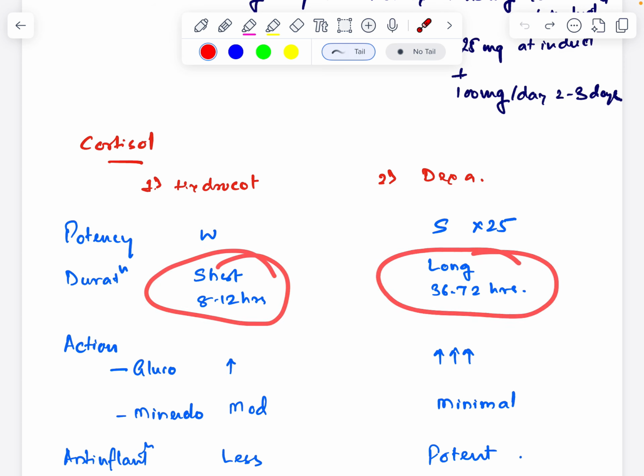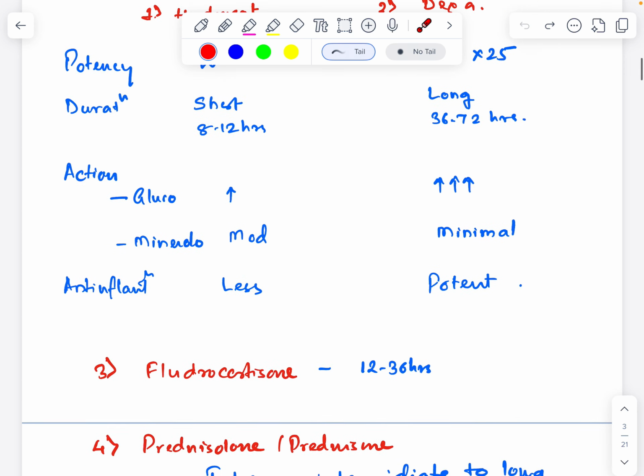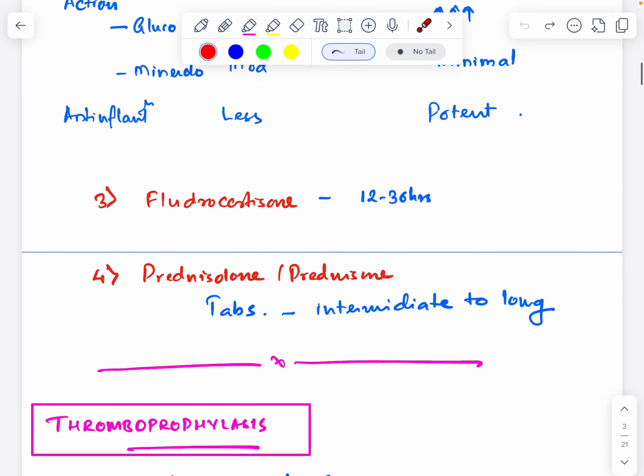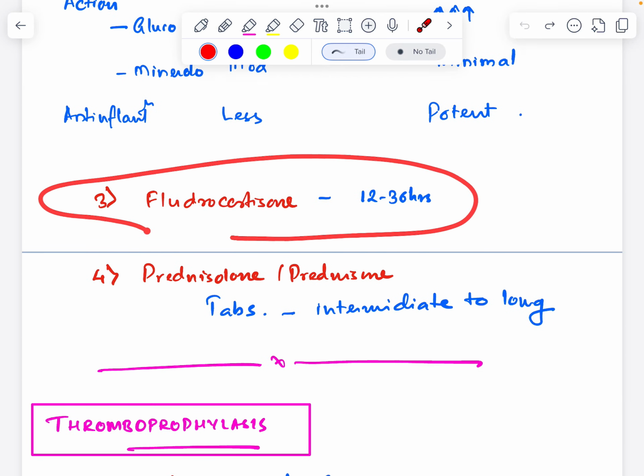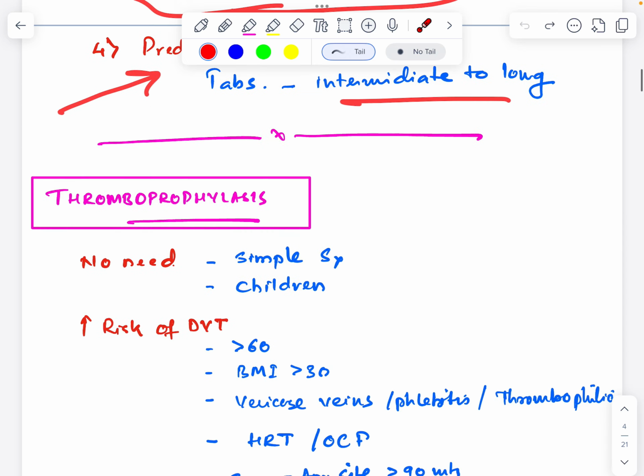Long acting is dexamethasone. Moderate mineralocorticoid property, less anti-inflammatory. Fludrocortisone, long acting. Prednisolone tablets, intermediate to long acting.